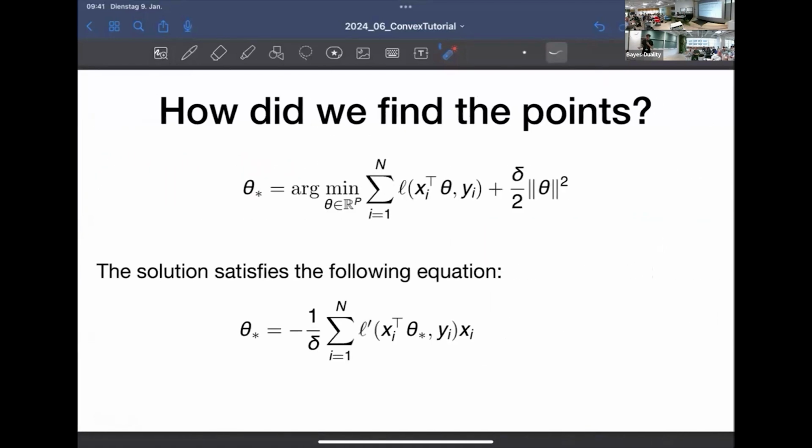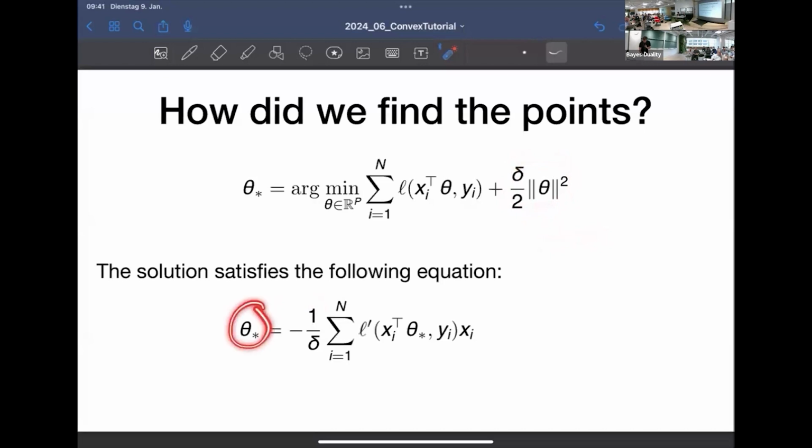And just by taking the derivative and setting it to 0, we can see that the solution satisfies the following equation. We get here theta star. That's the derivative of this guy. So the derivative of this guy is delta times theta, and I put the delta on the other side, so I divide it by delta.